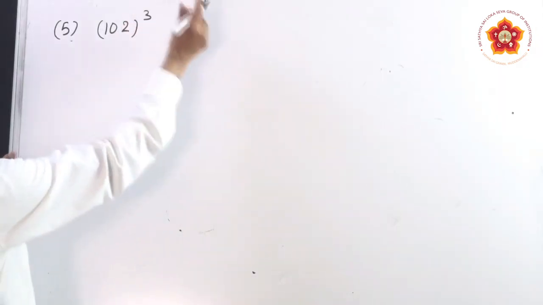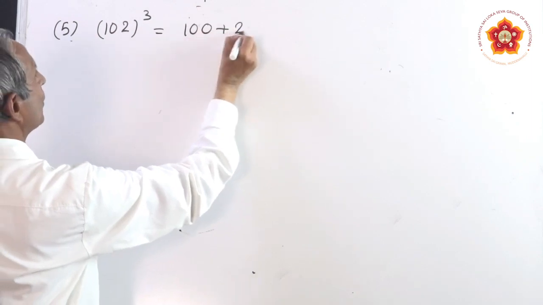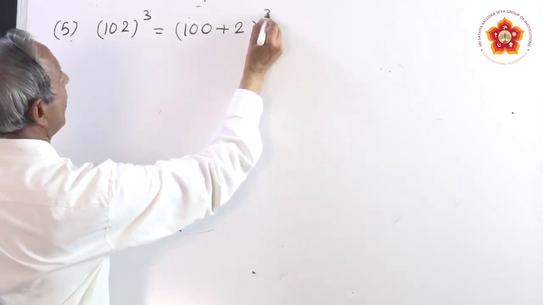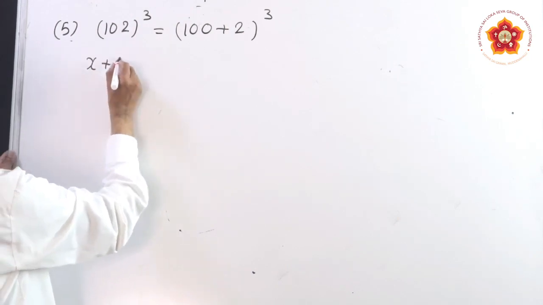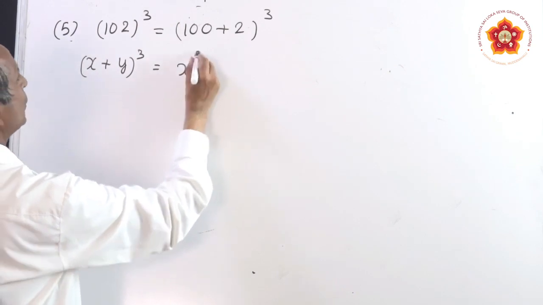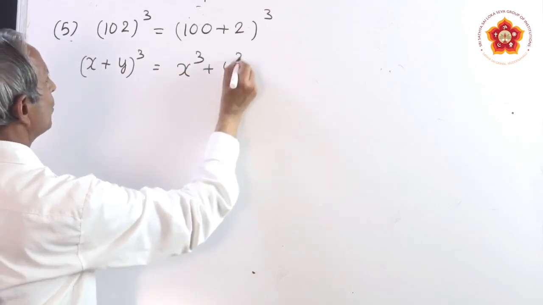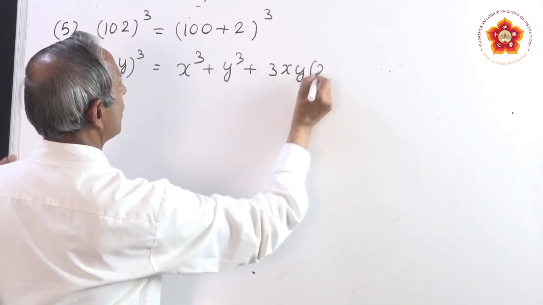Now 102 whole cube can be written as 100 plus 2 whole cube. Now you have to use the formula: x plus y whole cube equal to x cube plus y cube plus 3xy into x plus y.